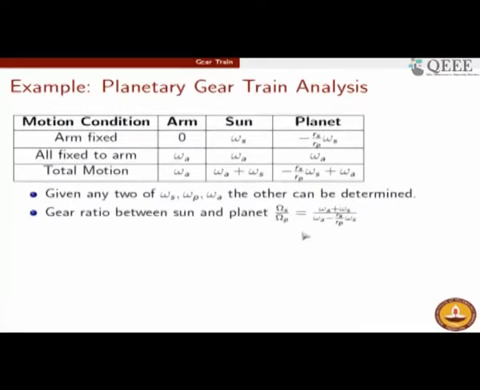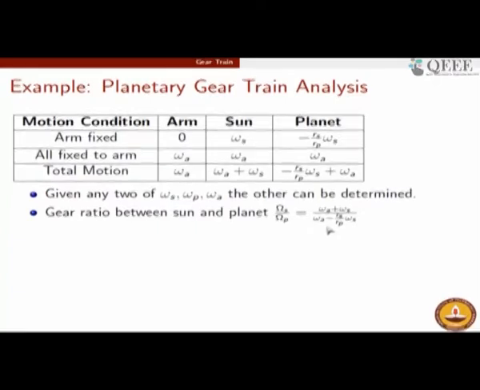So capital omega s by omega p, that means this by that, sun by planet. The total motion of the sun is capital omega s, the total motion of the planet is capital omega p. So the final gear ratio between the sun and the planet, if that is what you are interested in, is this. So now you can realize what is the advantage of using a planetary gear system.